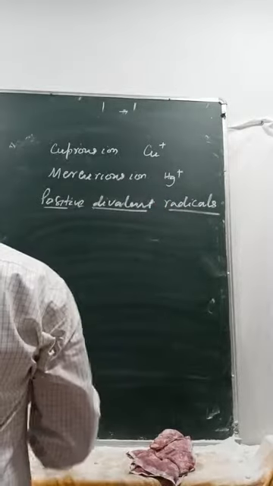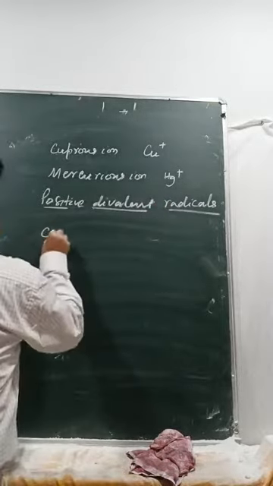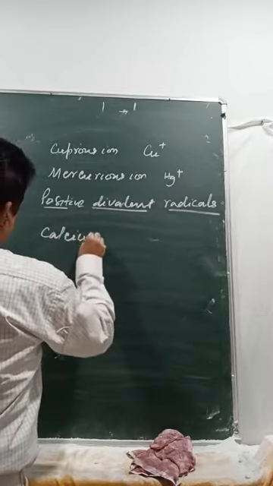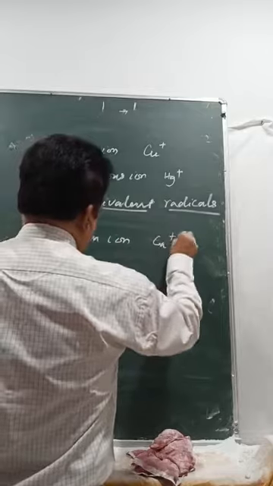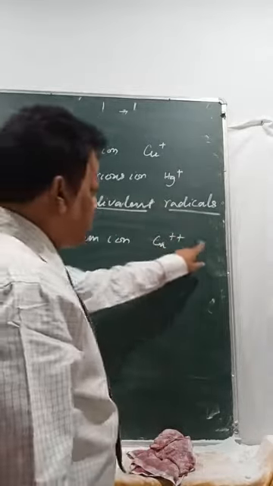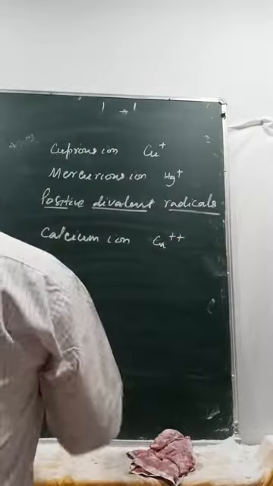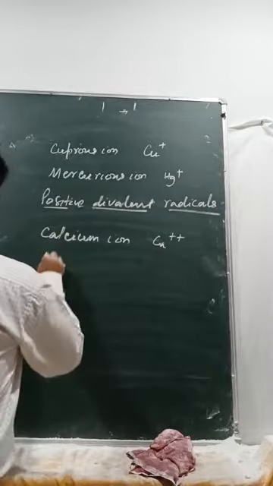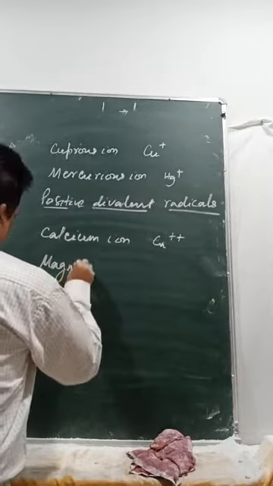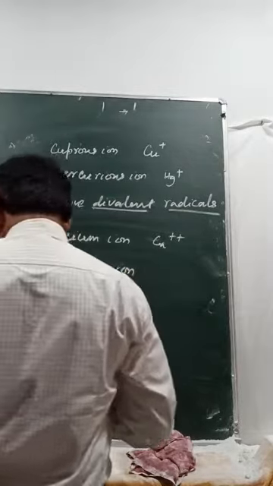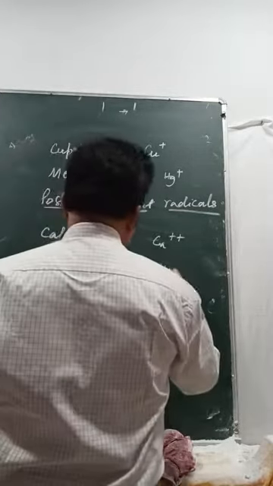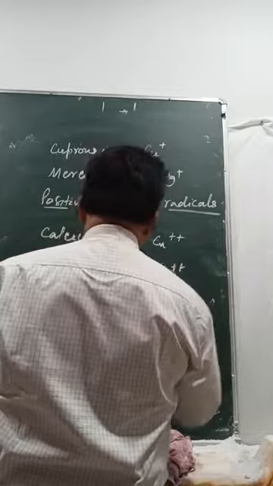So you can write calcium ion Ca plus plus, means it can donate 2 electrons. Similarly, magnesium ion, you can write Mg plus plus.